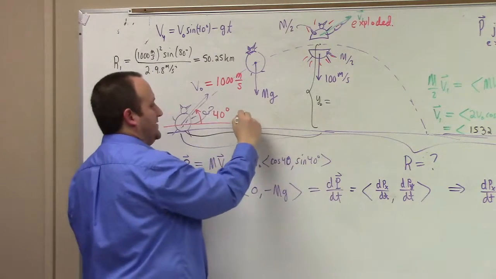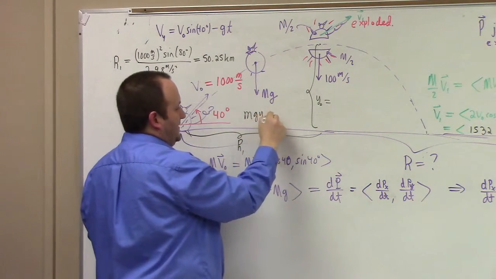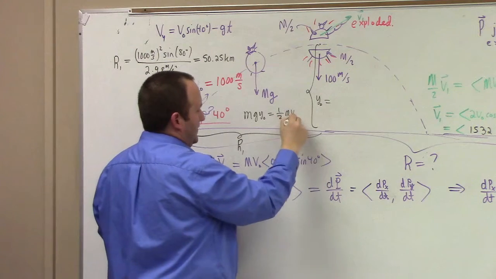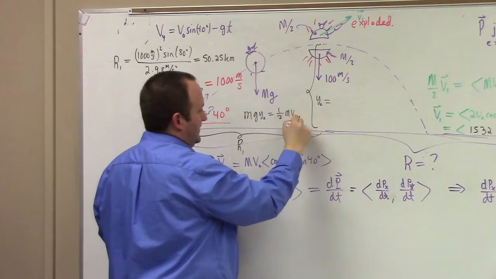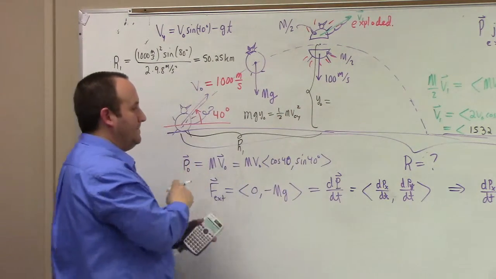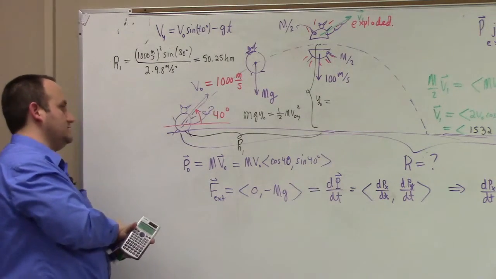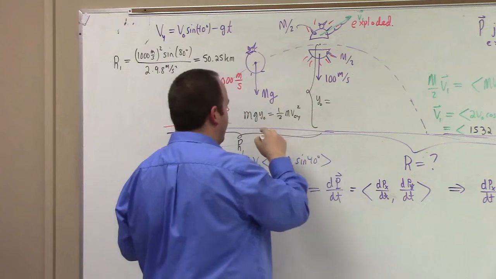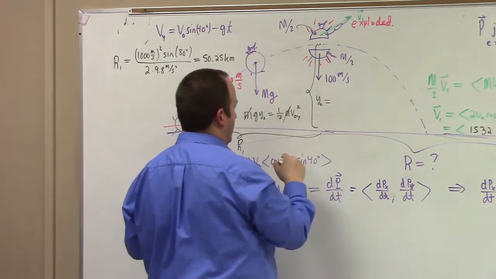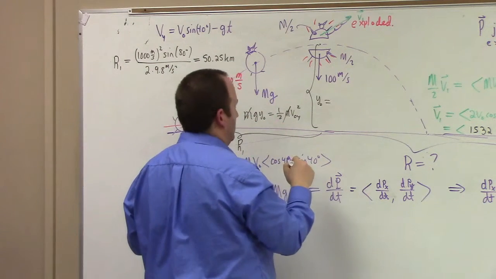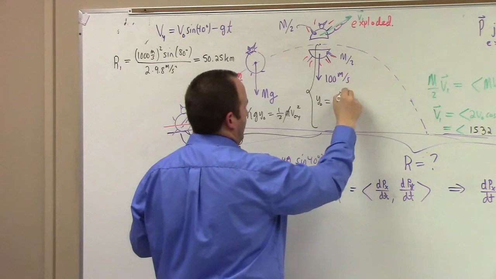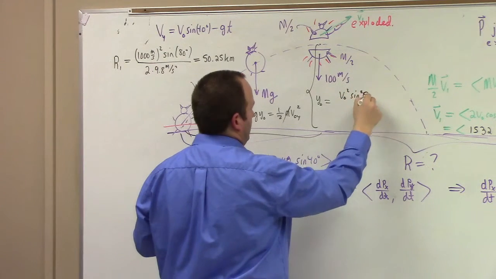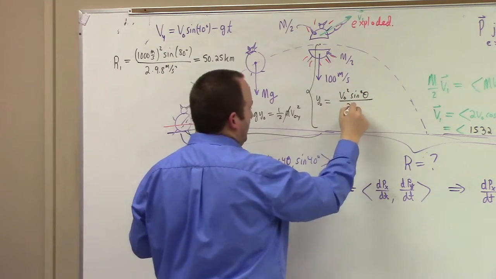If you must, I could solve m g y naught equal to 1/2 m v naught y squared. So it's v naught squared sine squared theta divided by 2g.